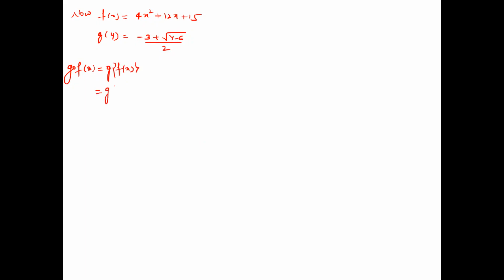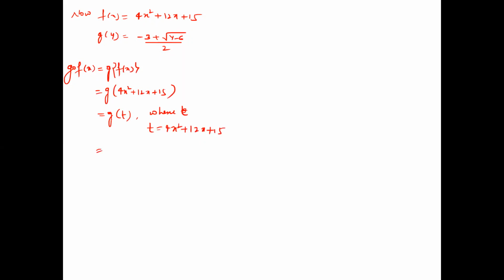Now g of, what is the f of x value? 4x square plus 12x plus 15. Now this can be written as g of t, where t equals 4x square plus 12x plus 15. Now what is the g of t value?